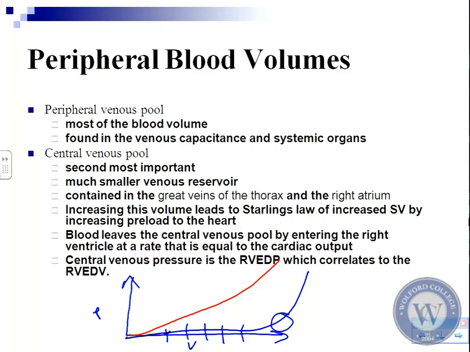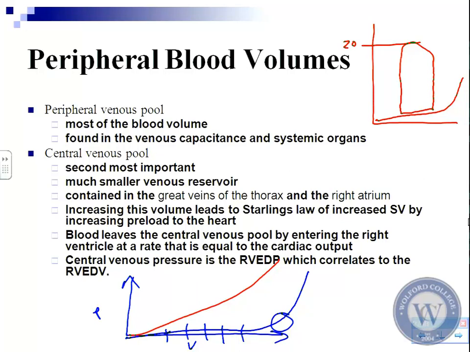Central venous pressure is basically the right ventricular end diastolic pressure, which correlates with your right ventricular end diastolic volume. So what does that mean? When you generate a pressure volume curve for the right ventricle, this is a pressure volume curve for the right ventricle. And notice that the pressure here is 20.